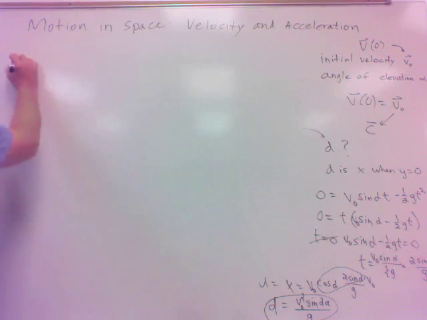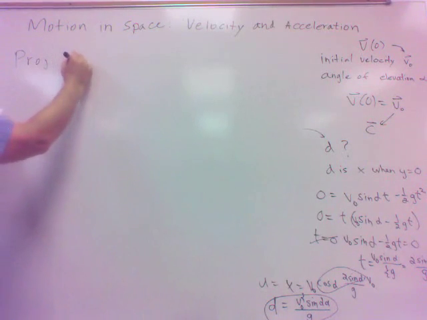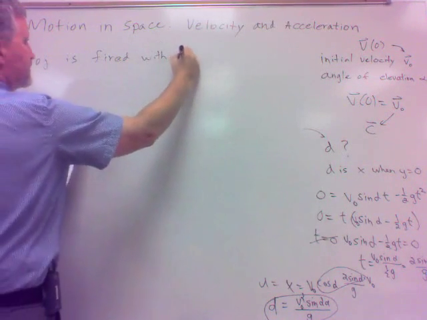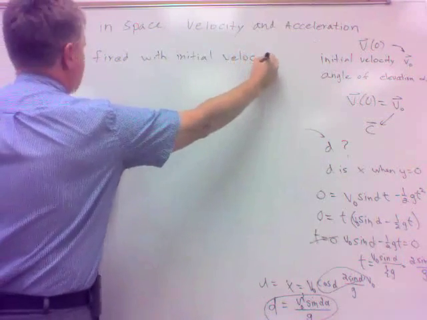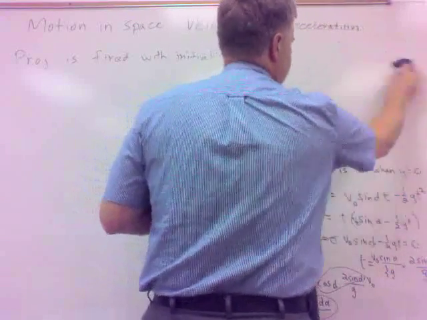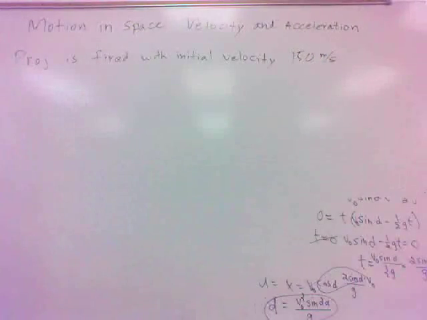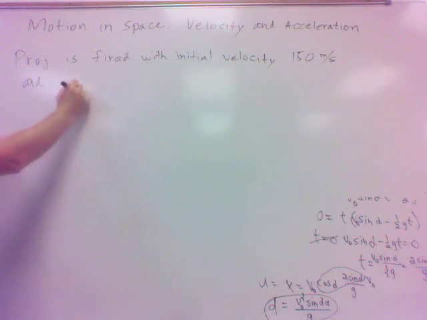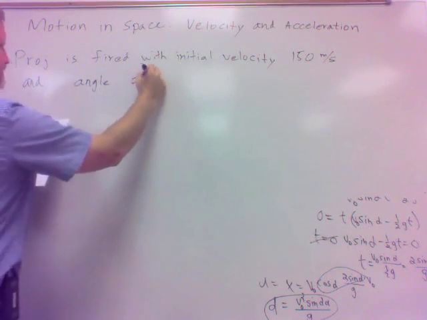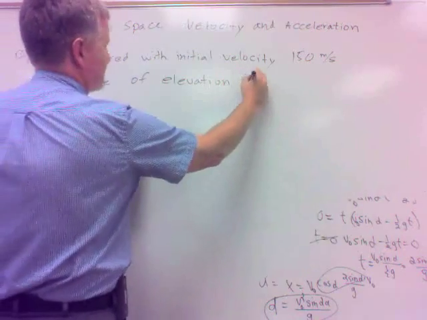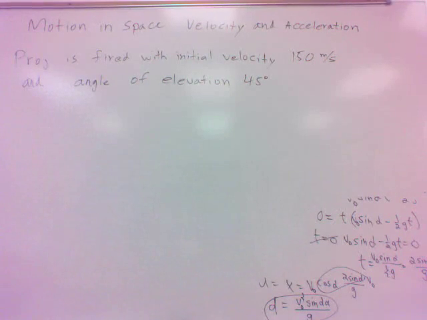All right. So we've got a projectile being fired with initial velocity 150 meters per second, angle of elevation 45 degrees, which gives us the best angle of elevation to get the maximum distance out of that thing.